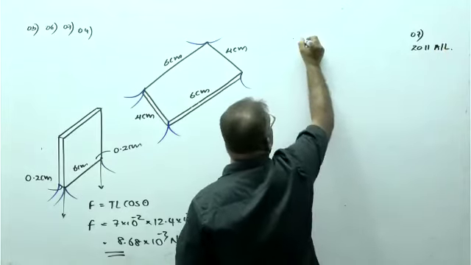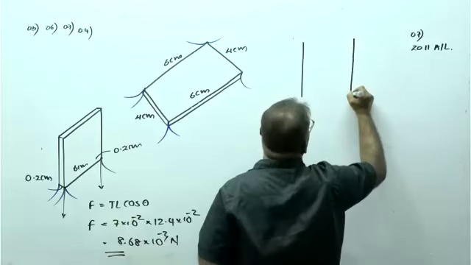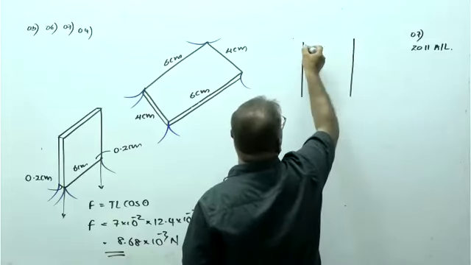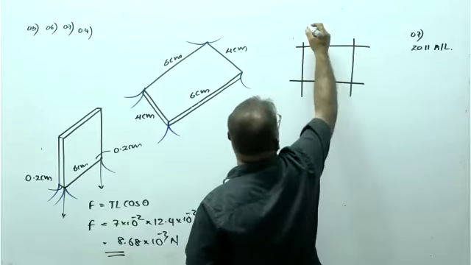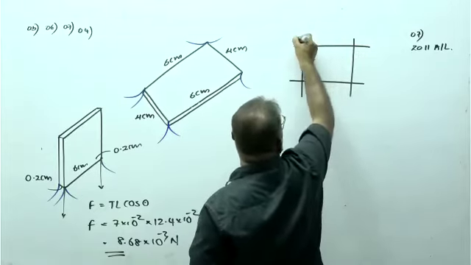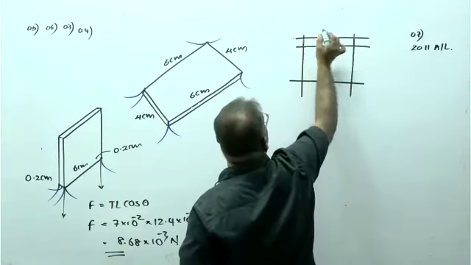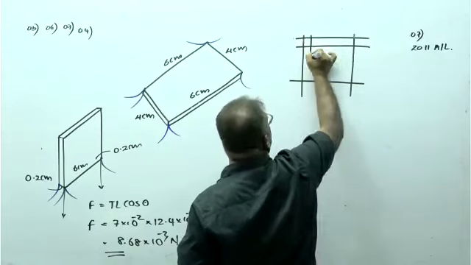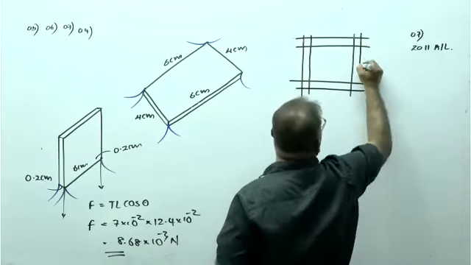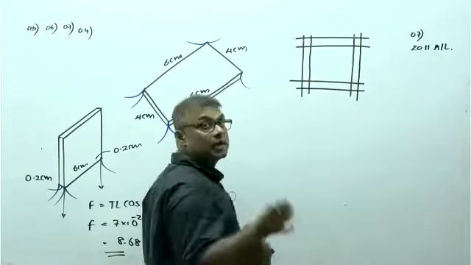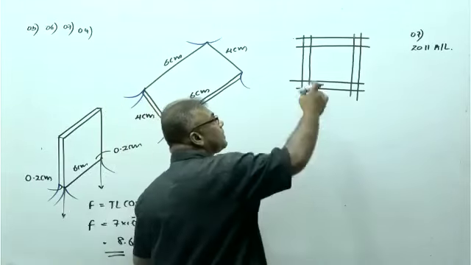Fabric of nylon, like this, no? Right. This is the primary configuration of nylon fabric, right? This is the hole in between two nylon fibers, right?